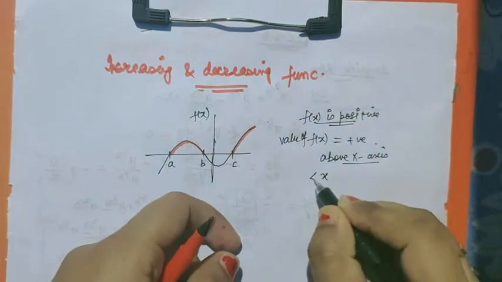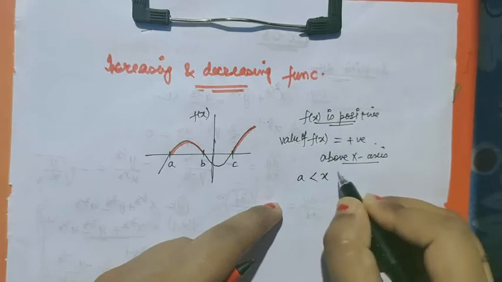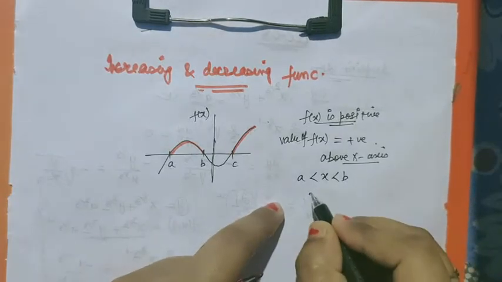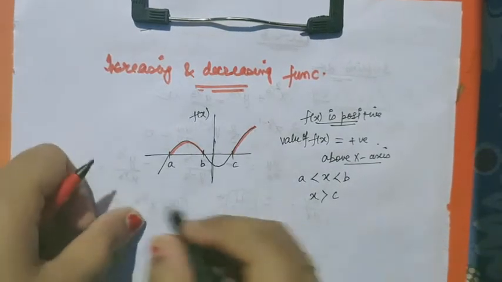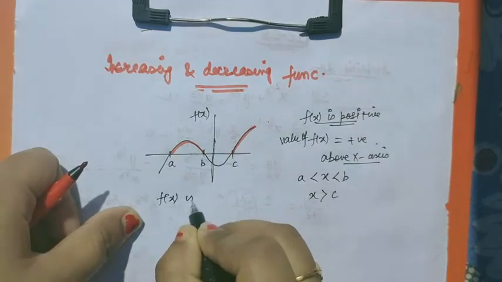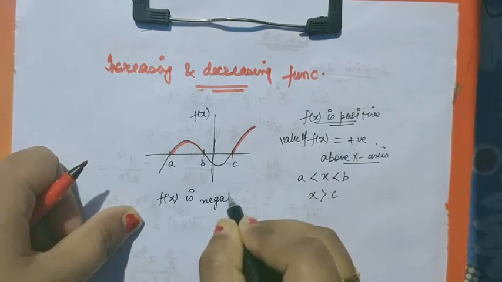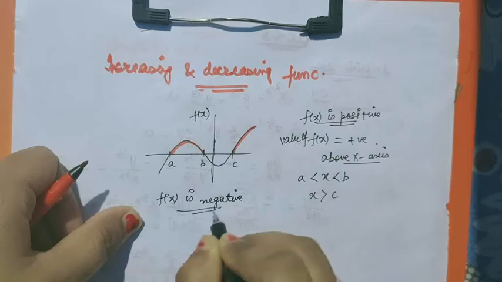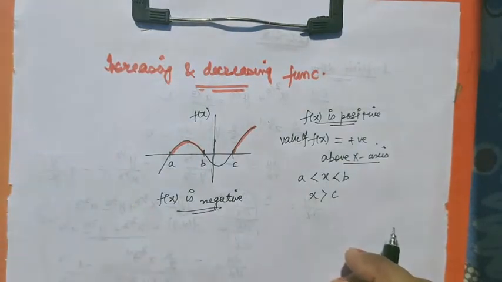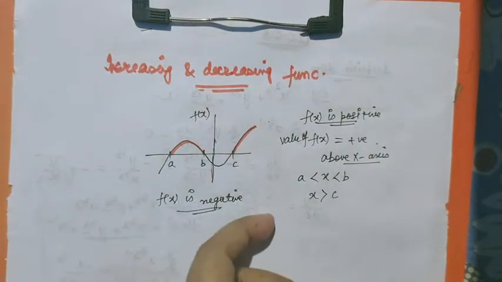So fx is positive between point a and b and for x greater than c, and fx is negative when the value of fx is negative, that is below x-axis.